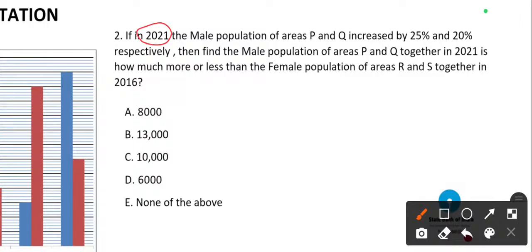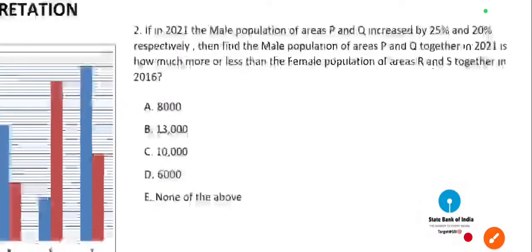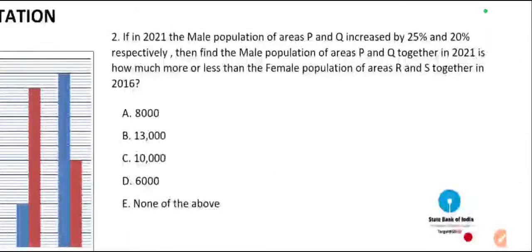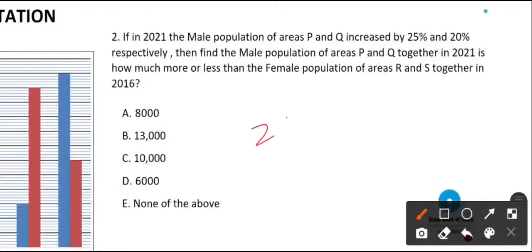Find the male population of P and Q together in 2021. Together we have 250 plus 300.